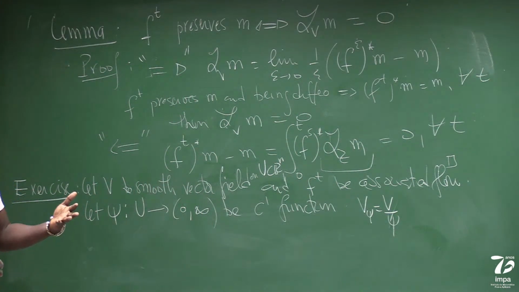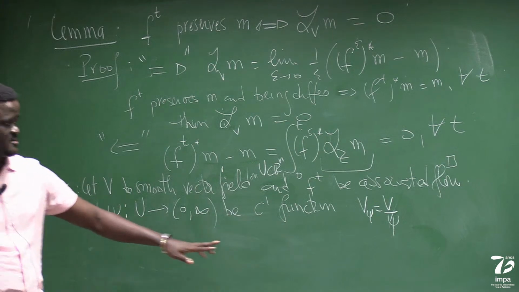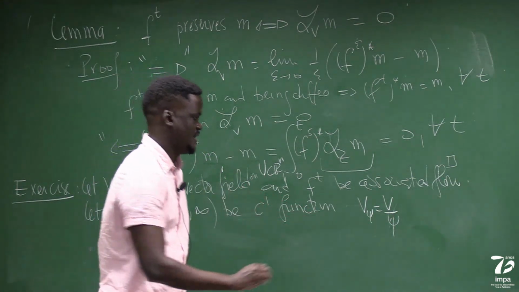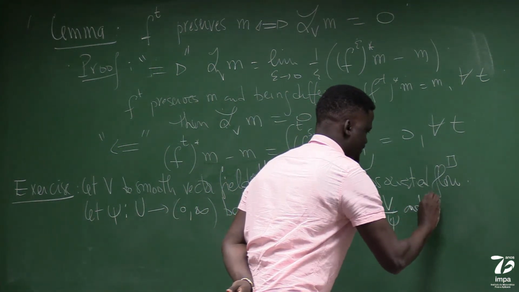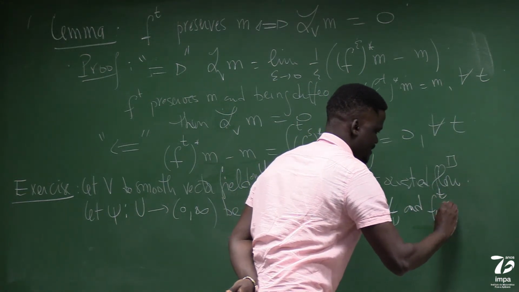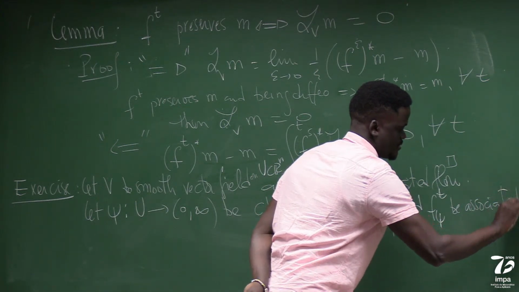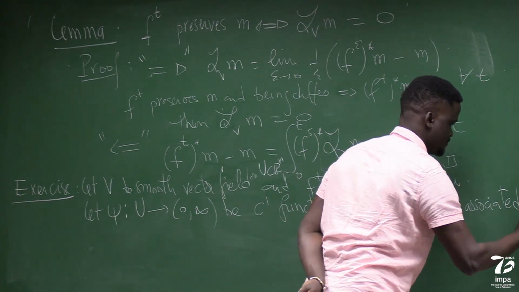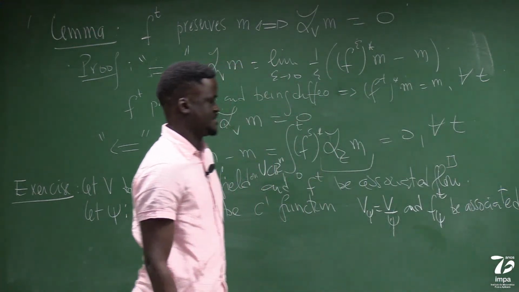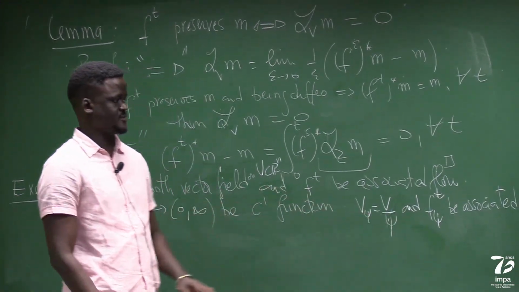This is just a reparametrization of the flow. And f_t^phi is the associated flow. So this is the flow associated to this vector field.